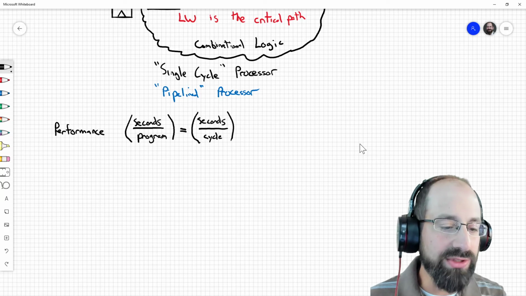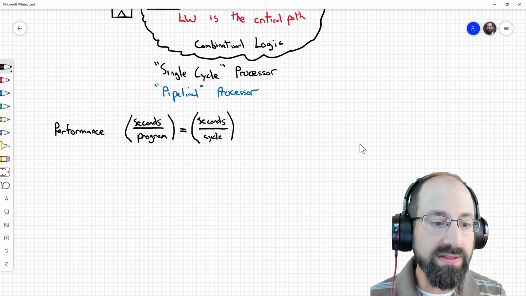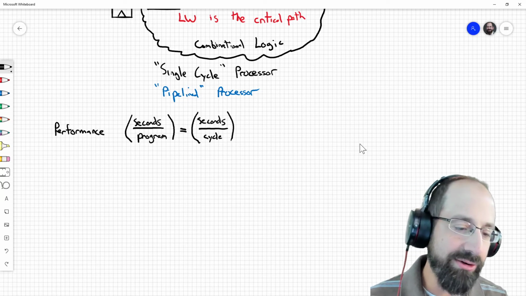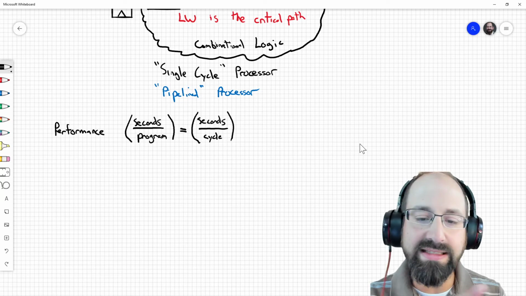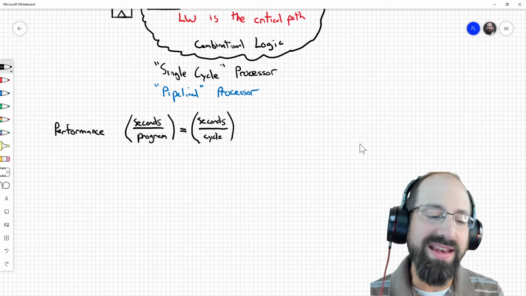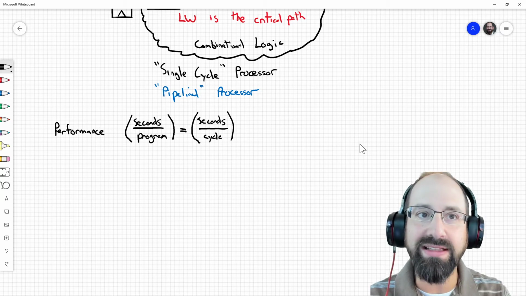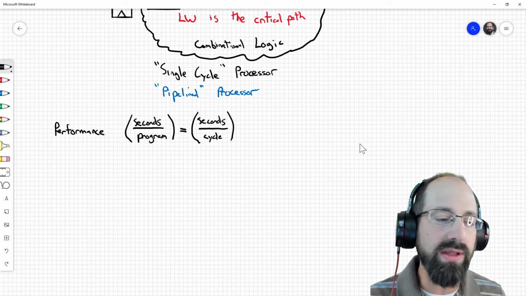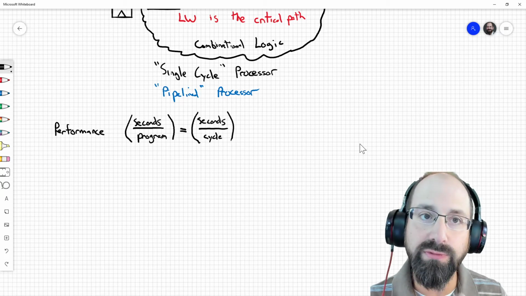That's the same as our clock frequency, right? Frequency is measured in cycles per second, so it's the inverse of that. So we said 10 nanoseconds is 100 megahertz. That's the same quantity here. This would be measured in maybe nanoseconds or picoseconds or something like that. But it's seconds per clock cycle that would be the quantity we would be interested in measuring for this part.